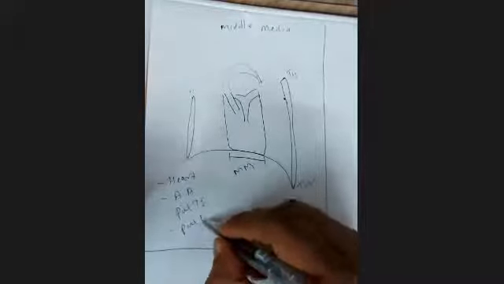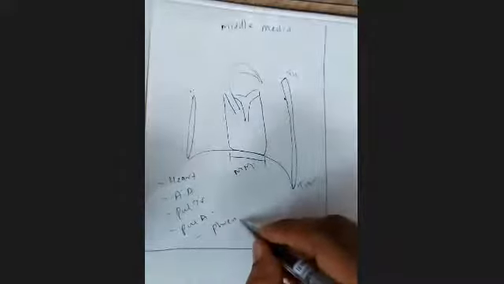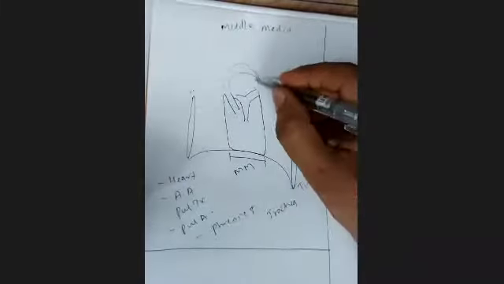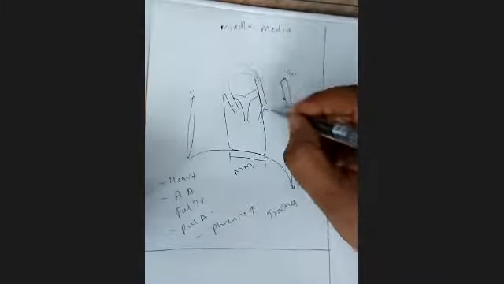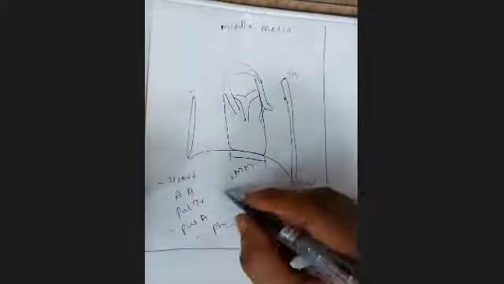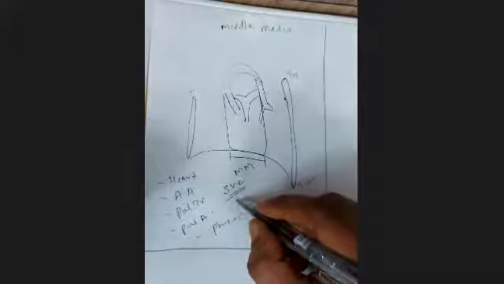Then the phrenic nerve. Then the trachea, which is almost attached to the pericardium and divides into the right and left bronchi. So this is again a part of the middle mediastinum. What else will be there? The SVC, the lower part of the SVC.